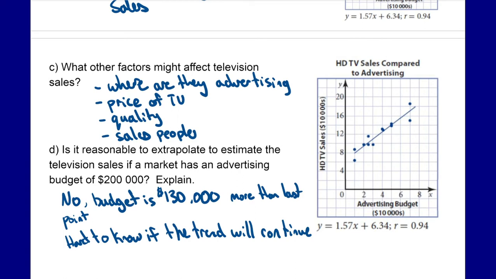That might be a little more reasonable because it's very close to our data. But 130,000 more, or 13 spots to the right on our x-axis, is a very large, far distance away to accurately make those predictions. So that's one thing we want to be careful of.